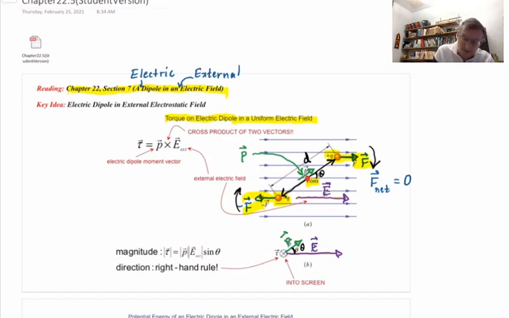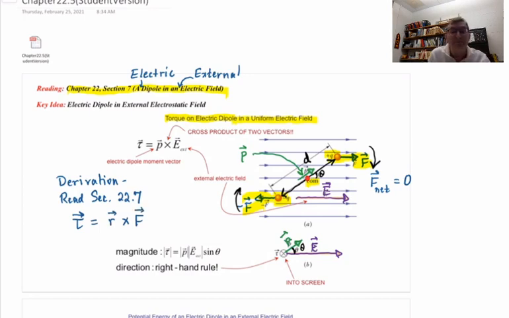If you want to see the derivation of this formula, then read section 22.7. They just start with the definition of torque, note the symbol is the Greek lowercase letter tau, as R cross F, where R is a position vector that points out from, in this case, the center of mass, to the place where the force is.